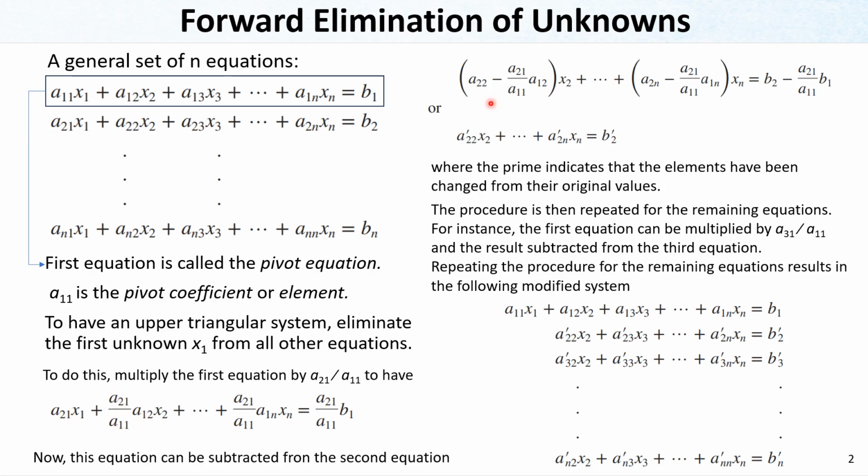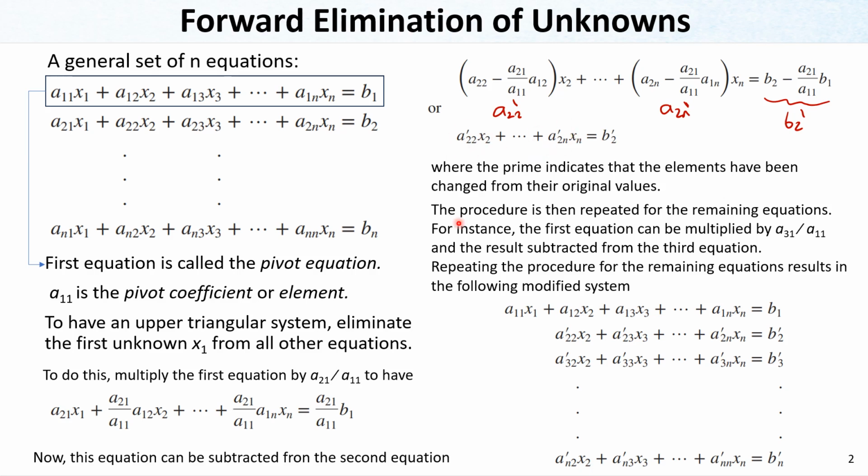The remaining terms will be the same by subtracting the remaining ones, and the last term will be b2 minus this one. Or we can simply say that these are new coefficients: this one is a22 prime, this one is a2n prime, and this is b2 prime. That's why we can write simply prime values here. So these are the changed coefficients.